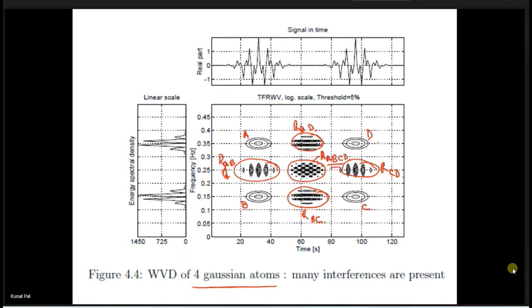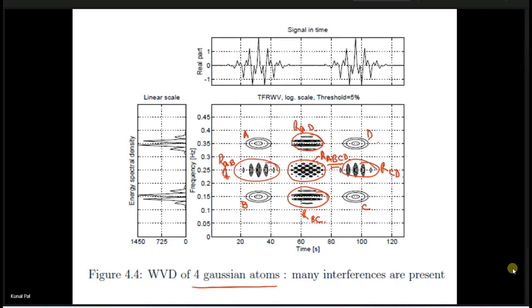Okay. So you can see when we are increasing the number of the Gaussian atoms, or in other words the number of atoms having different frequency components, our cross terms will be increasing depending upon the number of atoms with different frequency distribution.